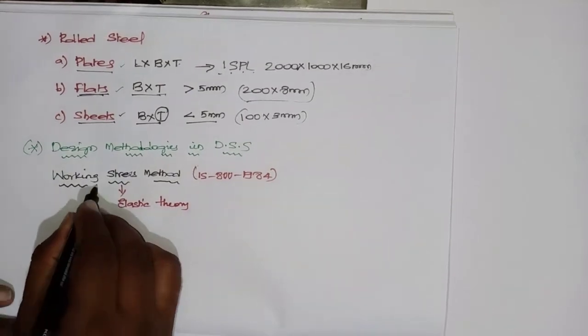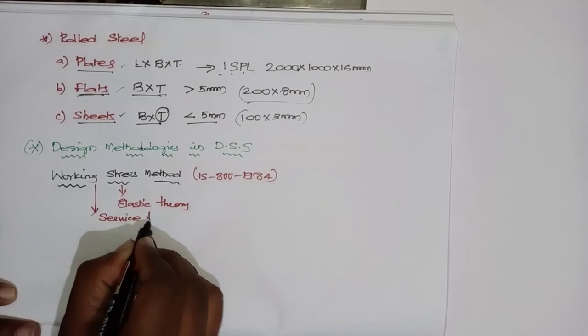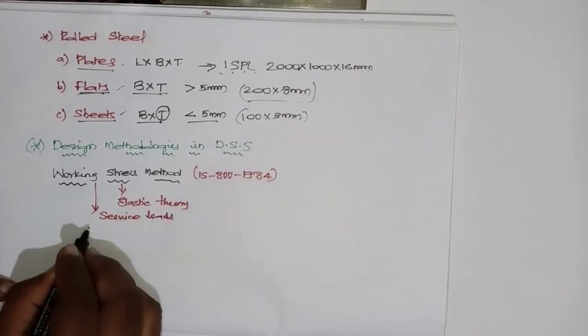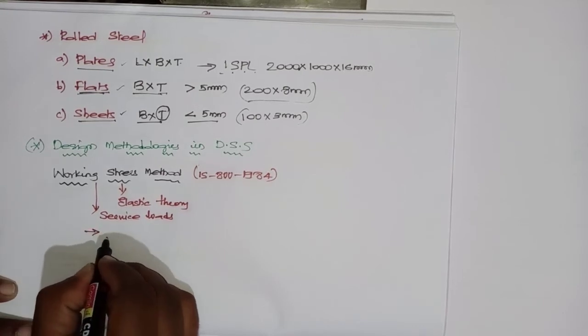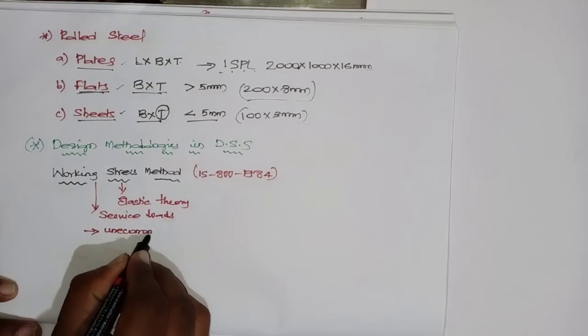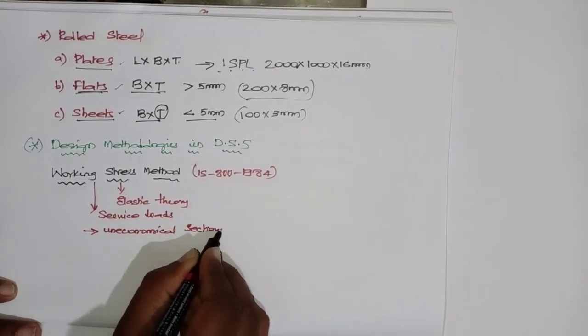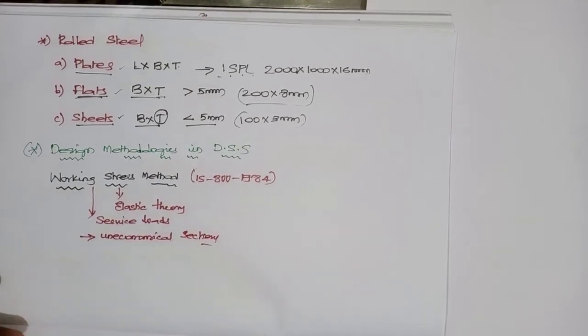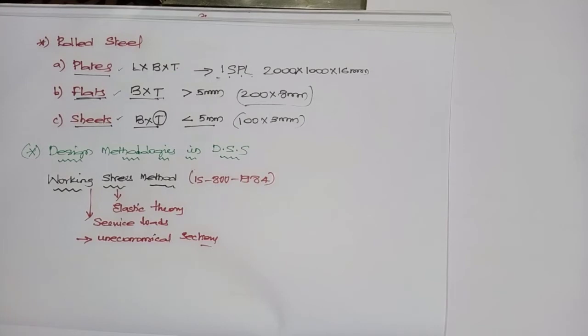Now here, service loads are to be considered. Service loads are to be taken into consideration. Because of this, in the working stress method mostly uneconomical sections are developed, because fy is limited. fy is yield strength.